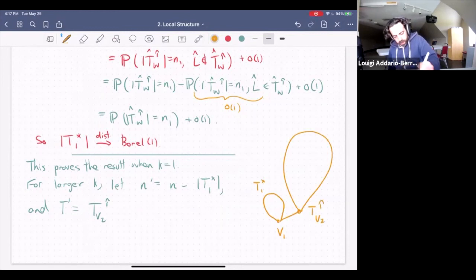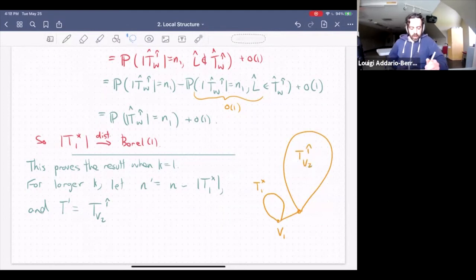It's everything over here. Okay, it's possible, with probability 1 over n, that I'm unlucky and V2 equals V1. If that happens, then TV2 up arrow is the whole tree, and TV1 star, which is TV1 up arrow minus TV2 up arrow, is just empty. But this is the typical picture.